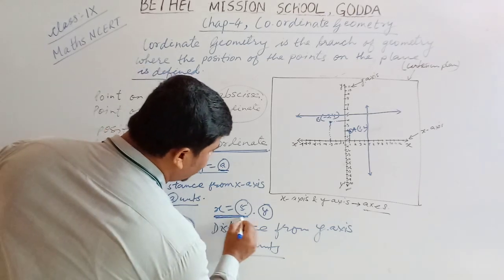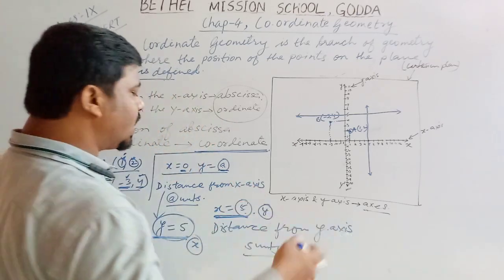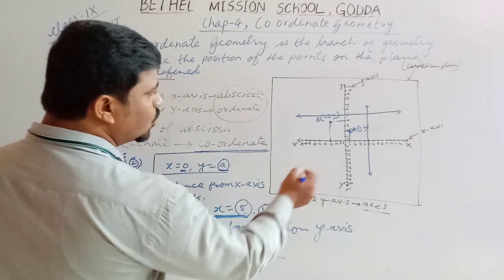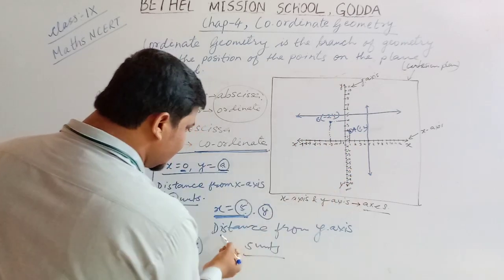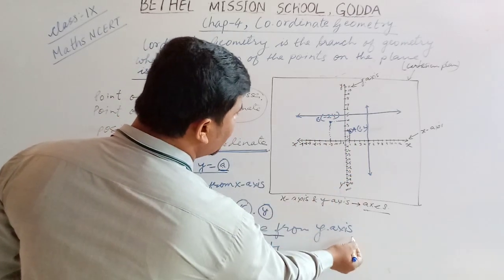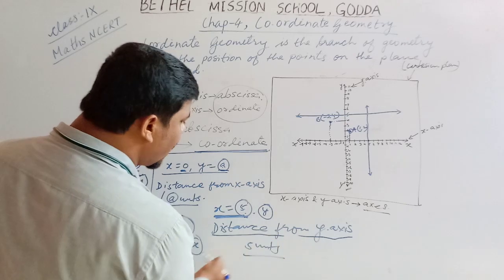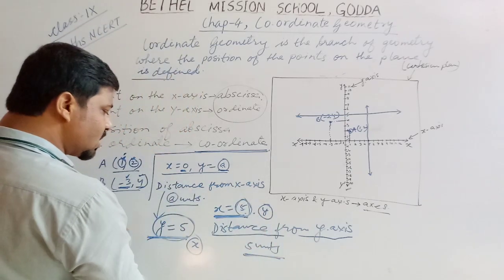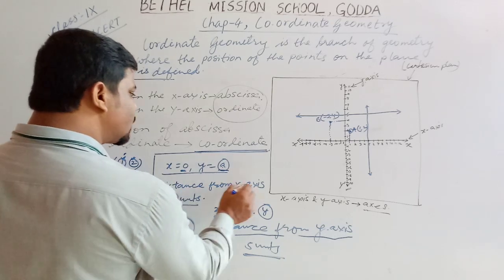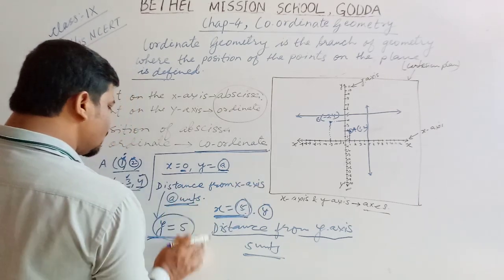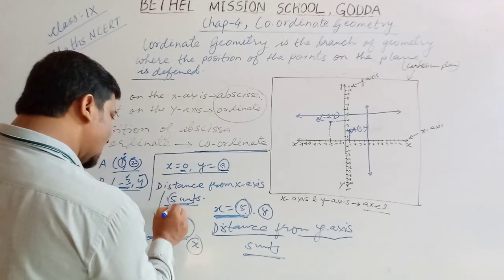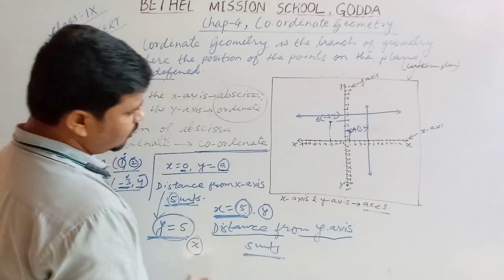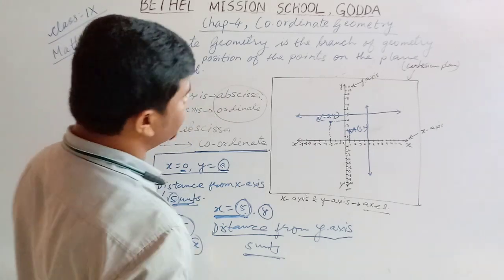If x equals 5, 4, 3, 1, 2, any number other than 0, the line is parallel to the y-axis and at a distance of 5 units from the y-axis. If y equals something, that is the distance from the x-axis, 5 units, and the line is parallel to the x-axis. You have to just remember this.